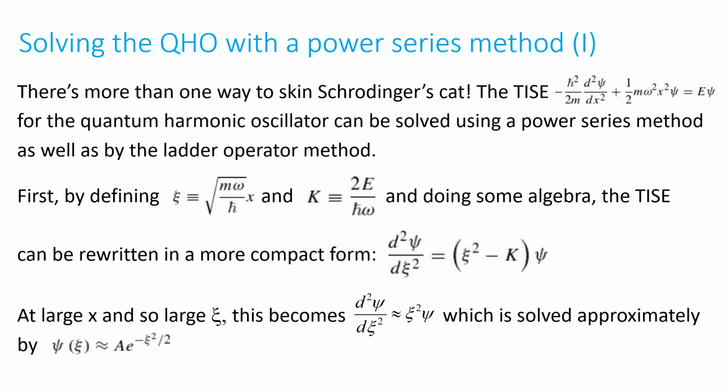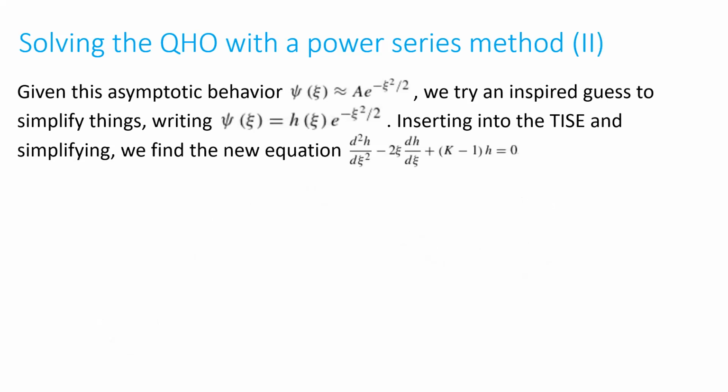Okay, so where does that get us? Well, it shows us that there's some kind of behavior going on at large distances or large c, this e to the minus c squared over 2. So given this, what we call asymptotic behavior, that is for very large c, is A e to the minus c squared over 2, we can try an inspired guess to simplify things.